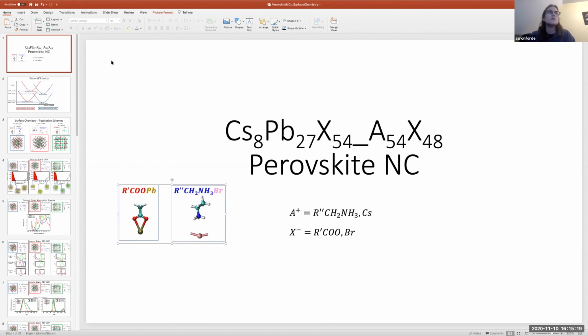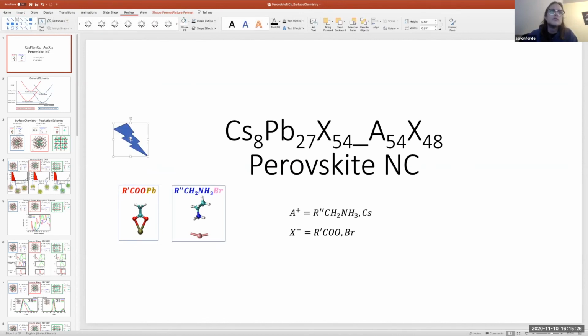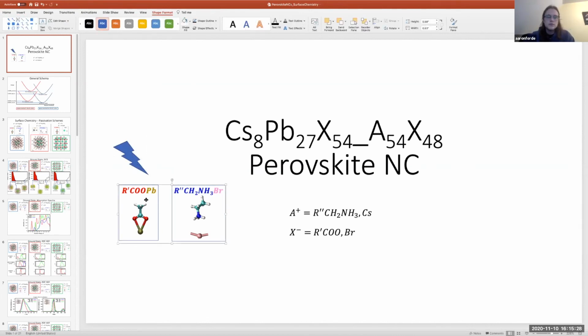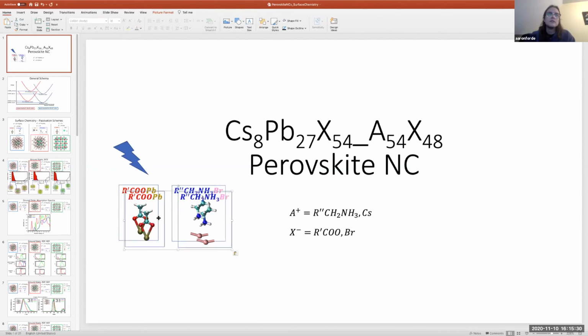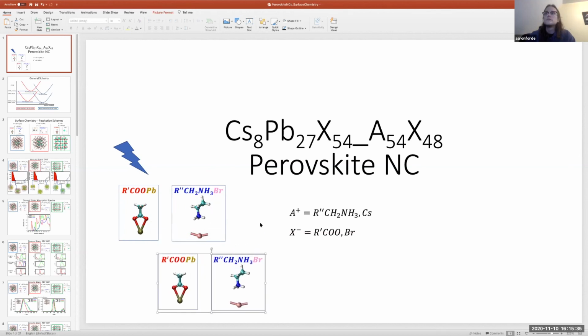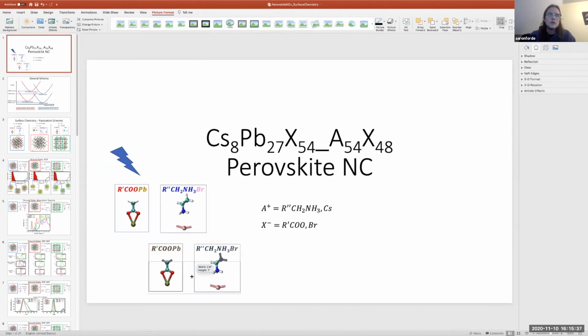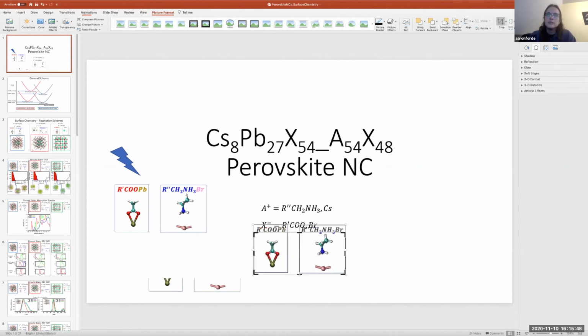But if you shine light onto them, with a little thunderbolt, that might cause the coordinations to break, so that you have chemistry happening on the surface, or you have breaking of bonds.